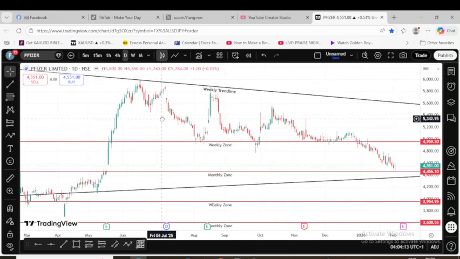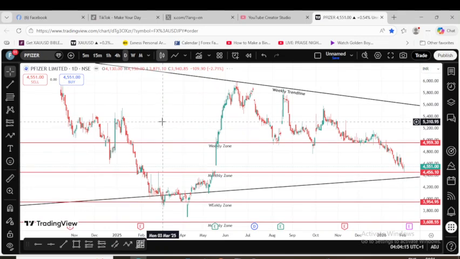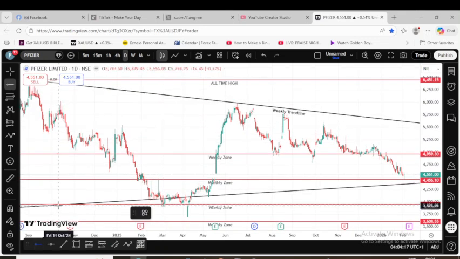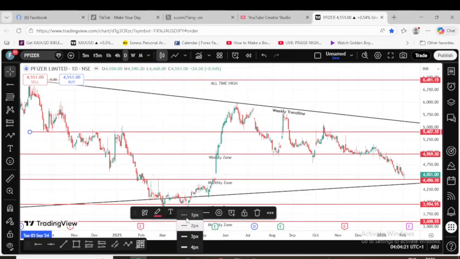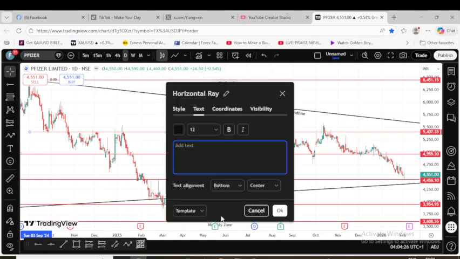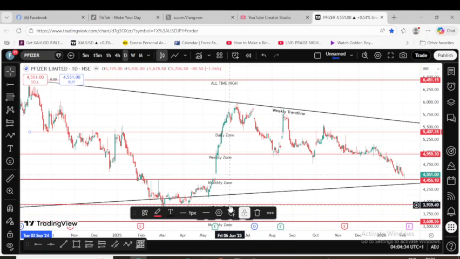So now on the daily time frame, we are going to do the same thing again. We're going to identify our zones. Like right here, we have a daily zone. We're going to identify our zones and then draw any potential trend lines that we can draw. Then identify our trend origin and mark out our market structure.